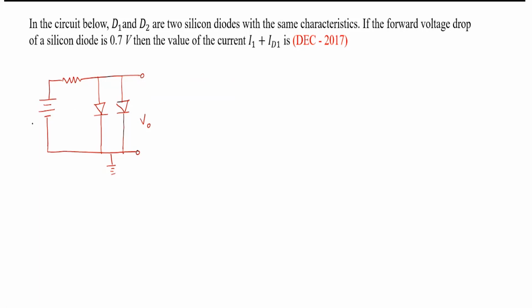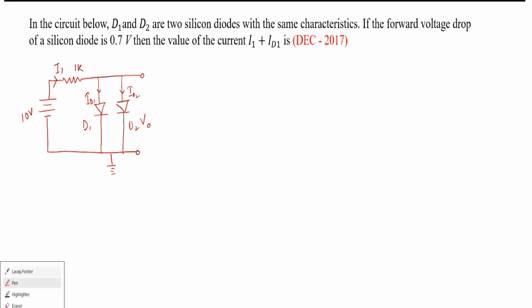The supply voltage is 10 volt, and we have a 1K and D1. The current flowing here is ID1. Current flowing here is ID2. This is diode D2, and this current they are calling I1. Okay, this is the circuit.